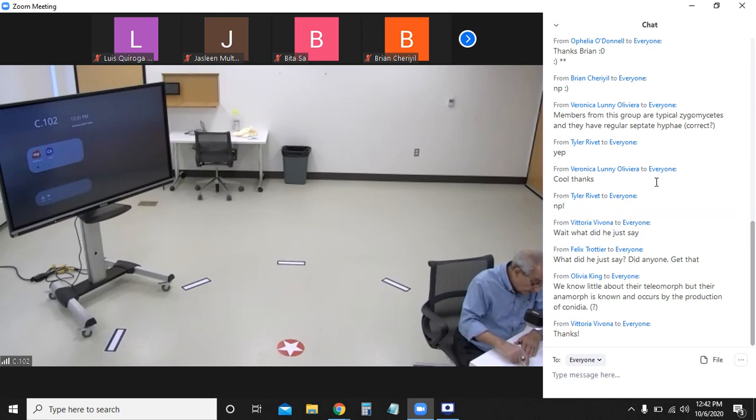So this fungus, as a matter of fact, is a soil-inhabiting fungus. Though for some reason they put them in the Zygomycetes, till now they haven't found any of these producing zygospores.